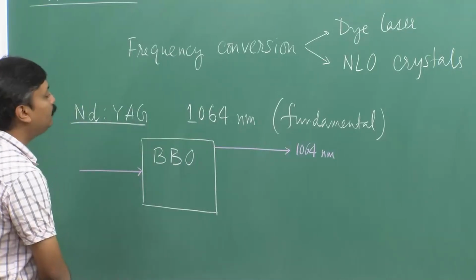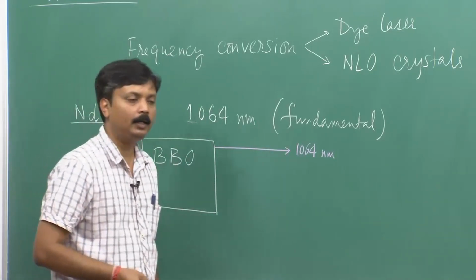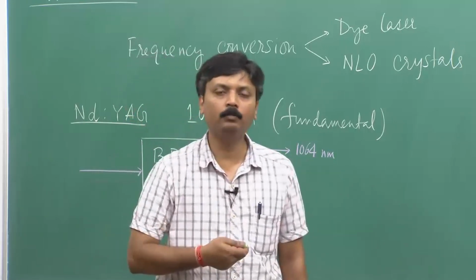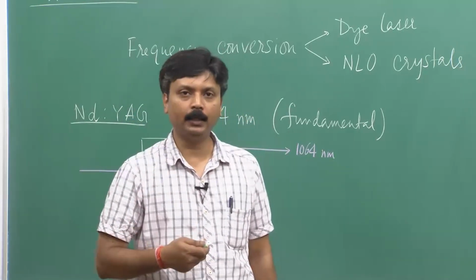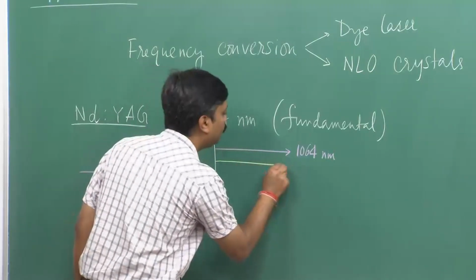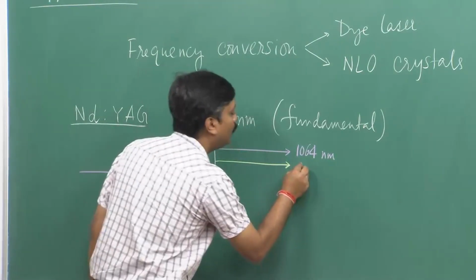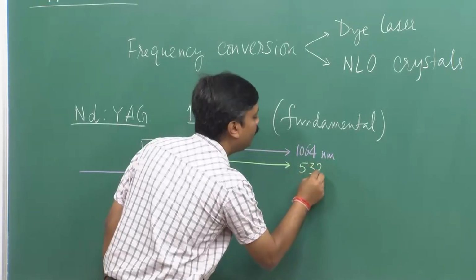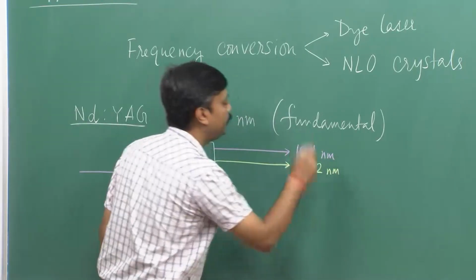But there were several other wavelengths, and these wavelengths which used to come out of this crystal are not arbitrary. One main wavelength that used to come out was at 532 nanometer.